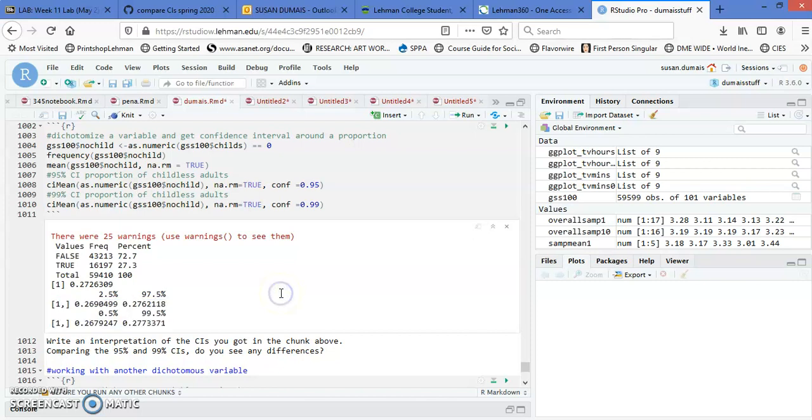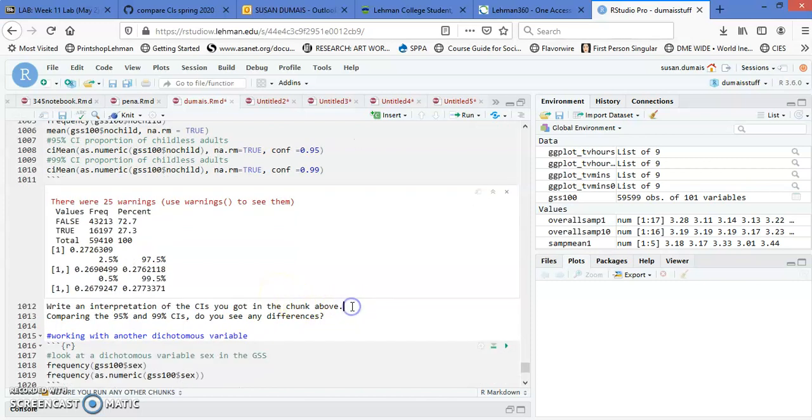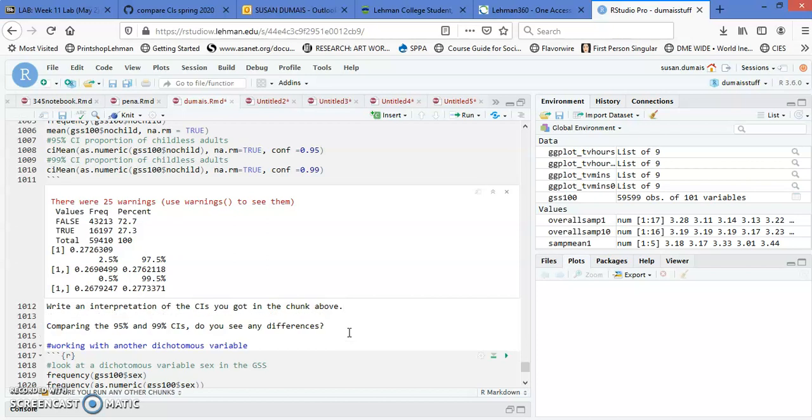And again, just to practice with interpreting them, we always want to start with the we are 95% confident that the population, and in this case we're talking about a proportion of childless adults, is between 0.27 and 0.28 with rounding.